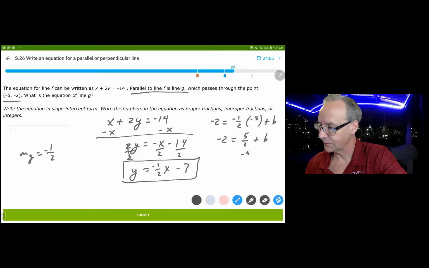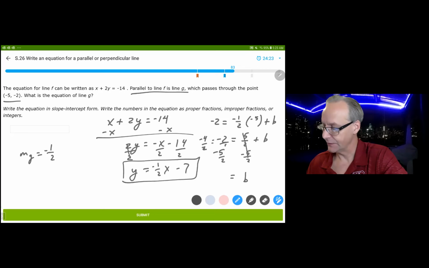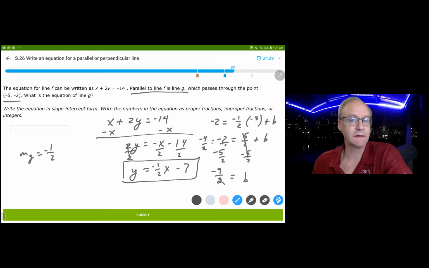And we're going to go ahead and subtract the 5 over 2 from both sides, and I'm going to get b by itself. This is negative 4 over 2, if you like, because this is negative 2 over 1, and so it's negative 4 over 2. When you add those together, you get negative 9 over 2, and we're done. That's it.